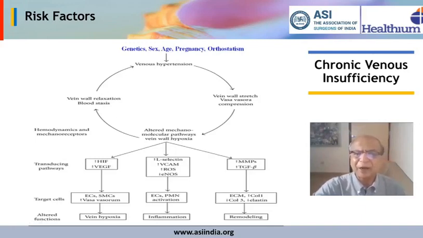The altered mechanomolecular pathway and vein wall hypoxia is thus caused. Now once you have these altered mechanical and molecular pathways, what are these alterations? One is that VEGF, the vascular endothelial growth factor, and HIF, which is the transducing pathway, are increased.